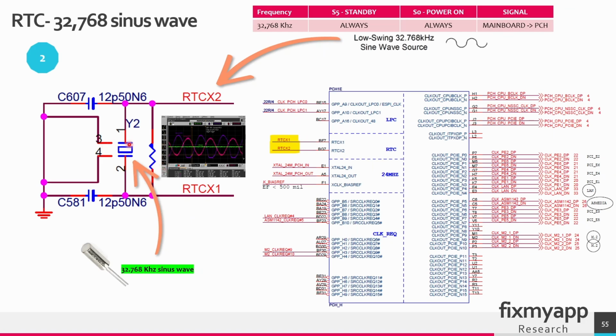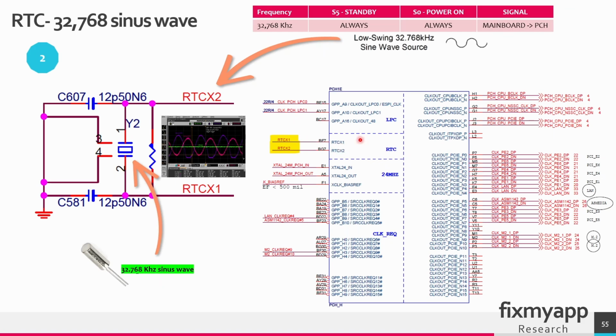This crystal generates a very precise frequency, usually 32.768 kHz, which the RTC circuit uses to keep track of time. This frequency is divided down by this RTC chip that is located within the PCH chip to maintain the seconds, minutes, hours and days.